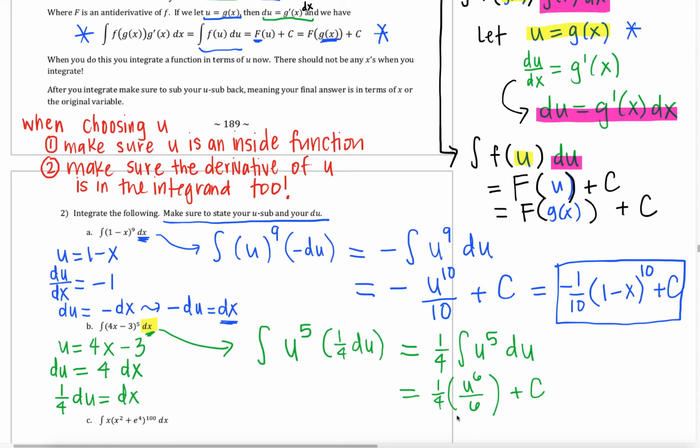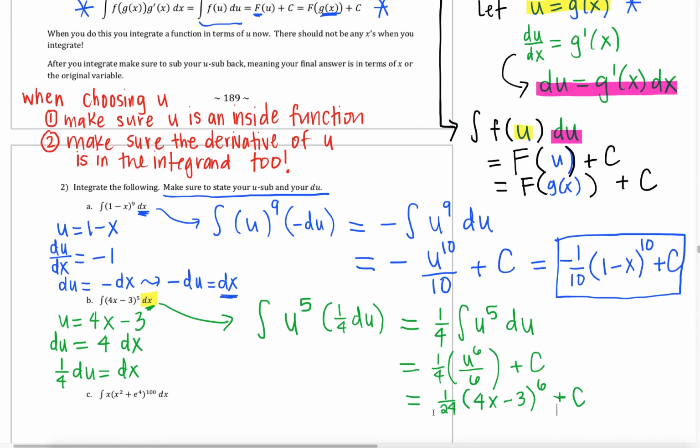And I'm also going to go ahead and multiply any scalars just so that I can rewrite that as one term. So the 1/4 times the 1/6 would give us 1 over 24. Replacing the u, we get 4x minus 3 all to the 6th power plus c then. And that would be our final answer.